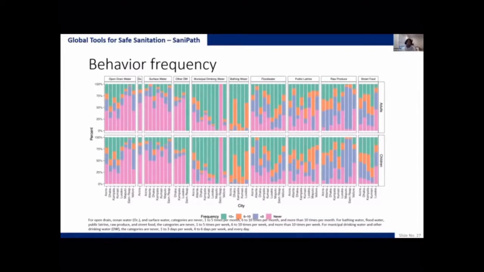The y-axis shows the percentage of the population with a specific behavior frequency. You can see lots of different colors on this chart, but despite clear variation in the contact frequencies between cities for all the pathways, between adults and children within the same city, generally the contact frequencies were pretty similar. Next slide, please.